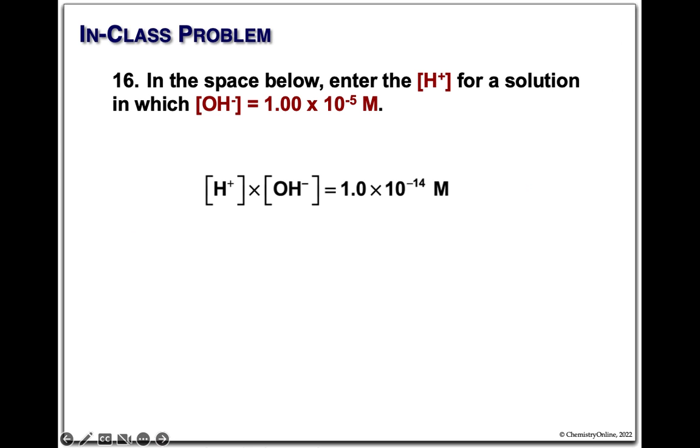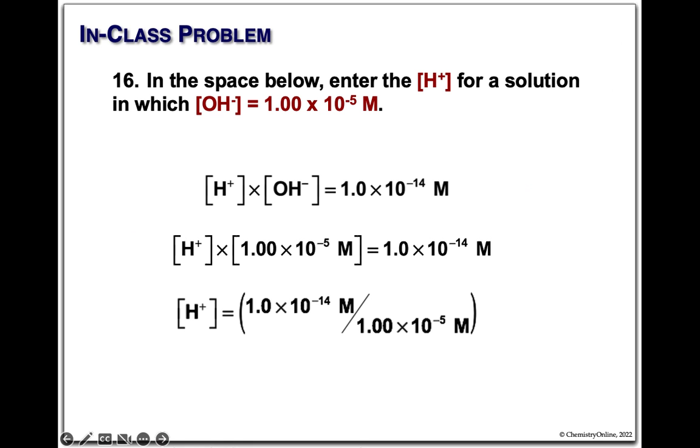That means hydronium is simply going to be, well, here I just substituted. We're going to take 10 to the minus 14 divided by our hydroxide, and that will give us hydronium. We feed these numbers to our magic calculator, and the hydronium ion concentration is 10 to the minus 9 molar.